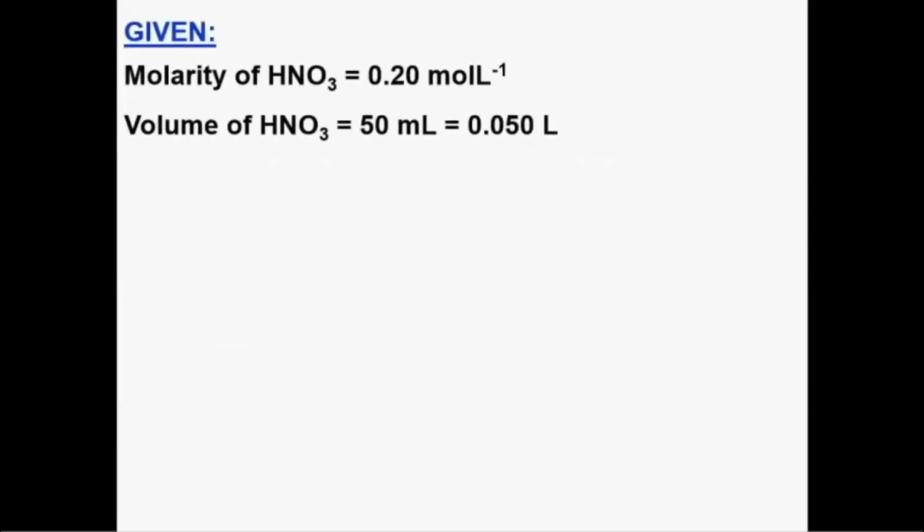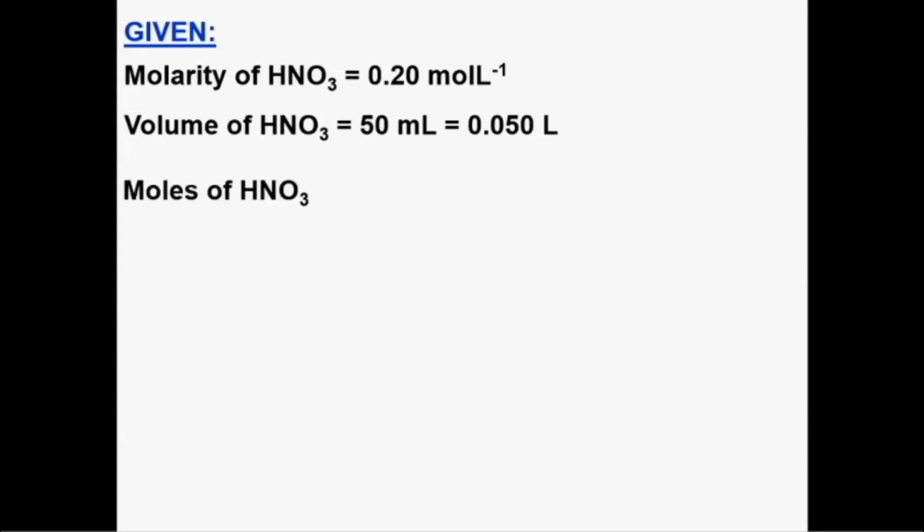Next, we are going to determine how many moles of nitric acid are used in this reaction. Since nitric acid here is in the form of a solution, we are going to use the molarity given and the volume given to determine its moles.